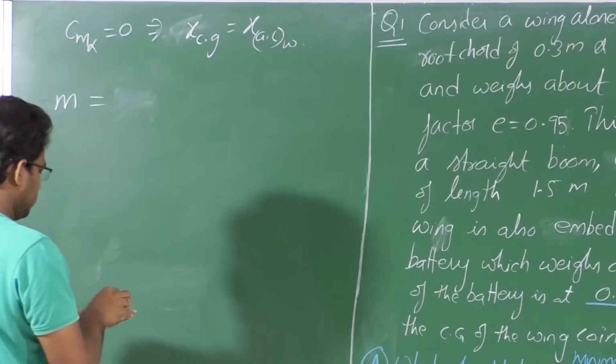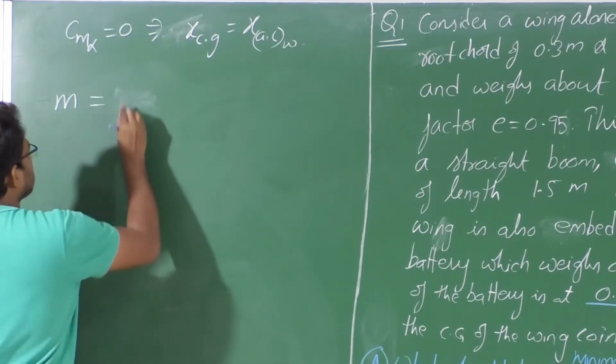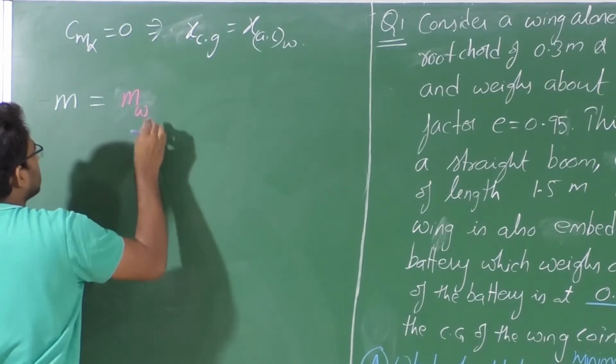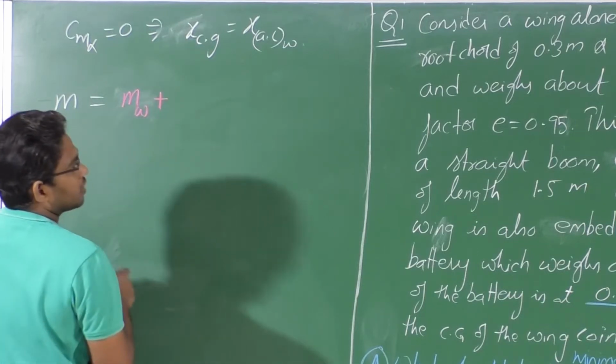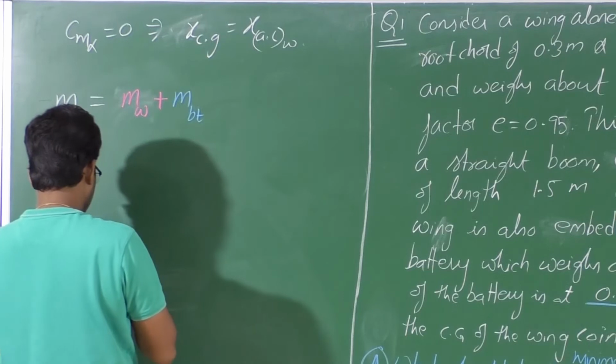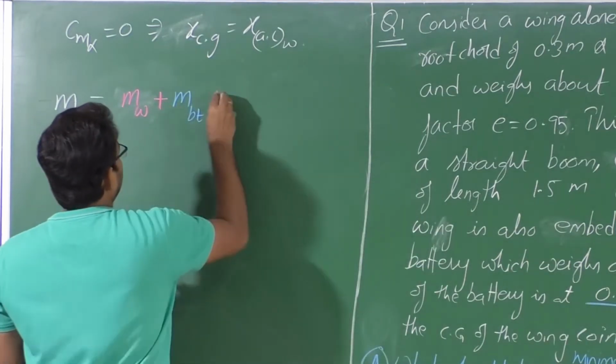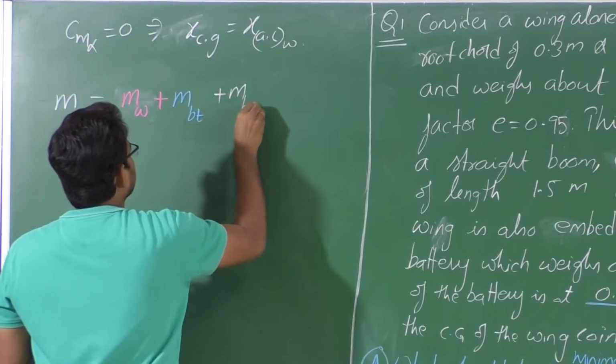That equals, earlier, the mass of wing, M of wing, plus mass of battery, BT, and we have the mass of the boom as well, M of boom, BO.